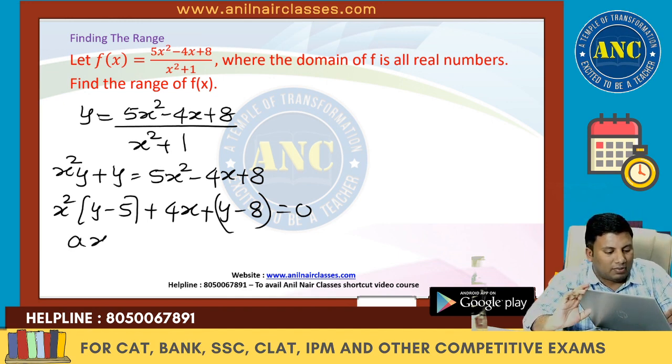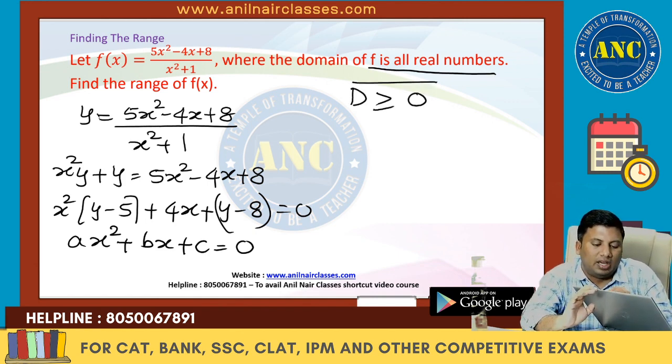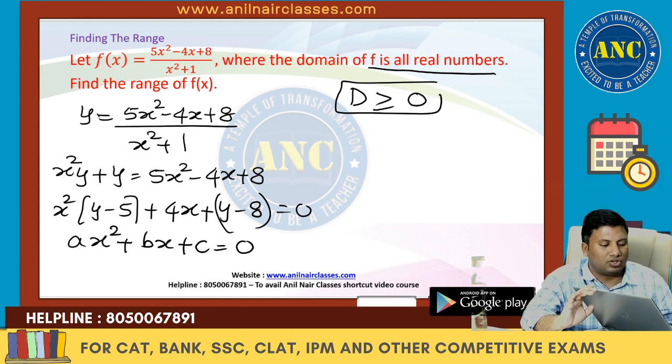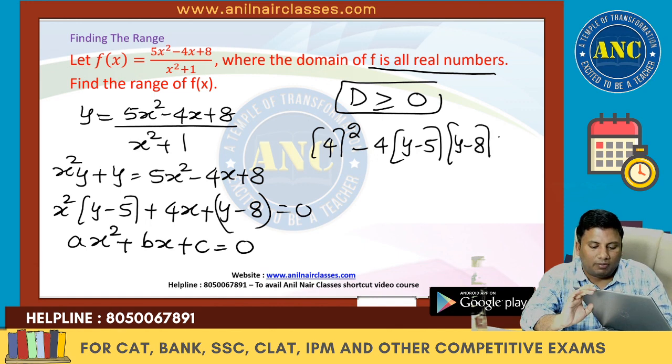This is nothing but ax square plus bx plus c equivalent to 0. It is for all real numbers, so the discriminant should be greater than or equivalent to 0. So b square minus 4ac: 16 minus 4 into (y minus 5) into (y minus 8) greater than or equivalent to 0.